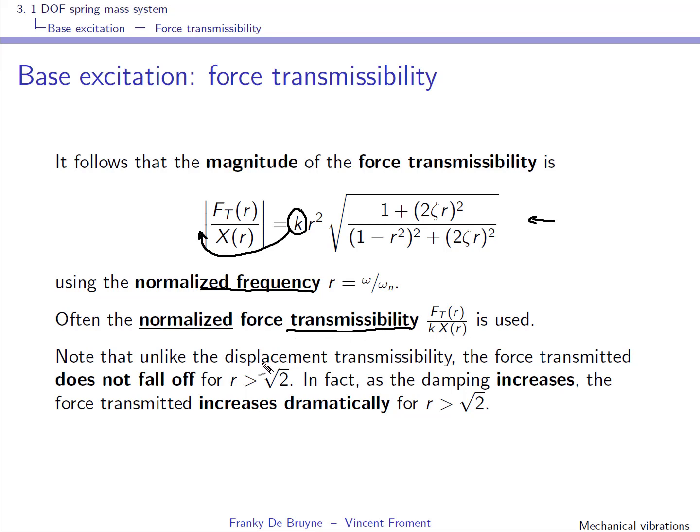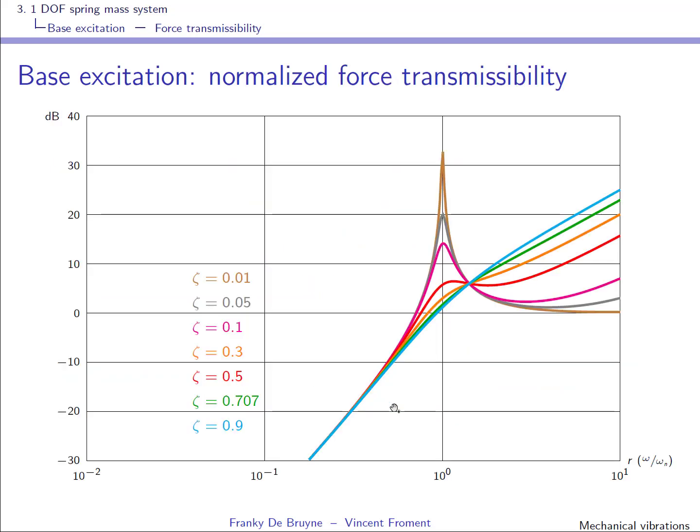Unlike the displacement transmissibility, the force transmissibility goes up as r is larger than square root of 2. This is because of the factor that you have over here. And you will also see that when the damping increases, this transmitted force increases dramatically when r is larger than square root of 2. This is what we see in the following Bode diagram.